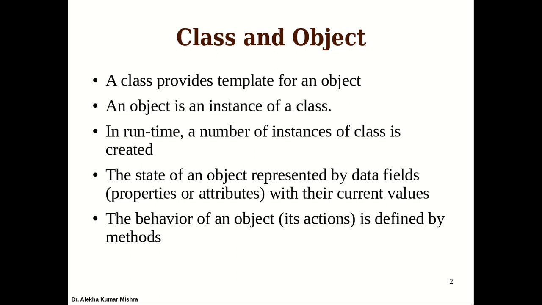A template says what the generic things available with all these objects are. These templates help to create an object. When an object is created, looking at this template, we can understand that this object will have these properties, will behave like this, and will have methods it can call. That's how we define a template.